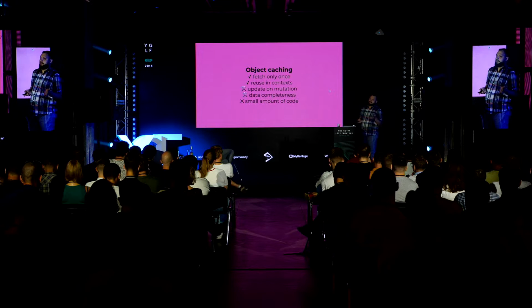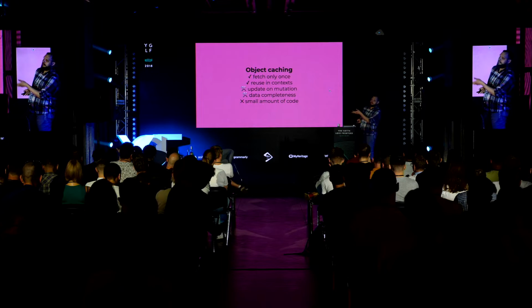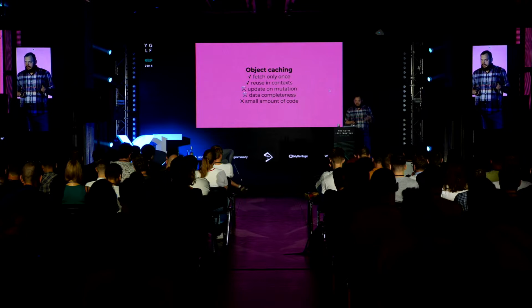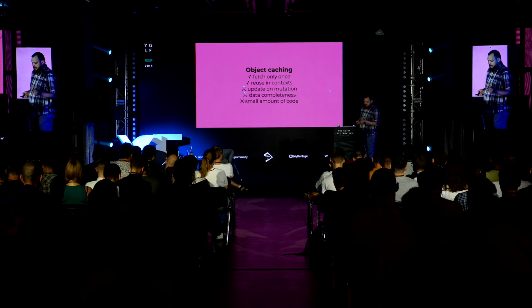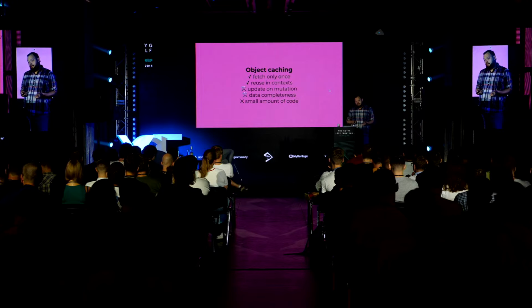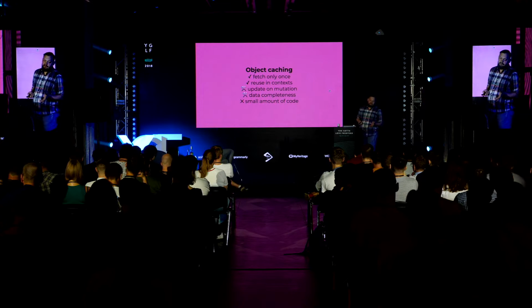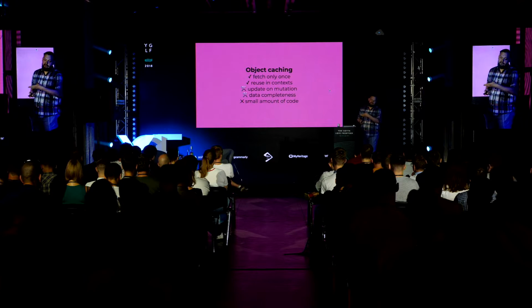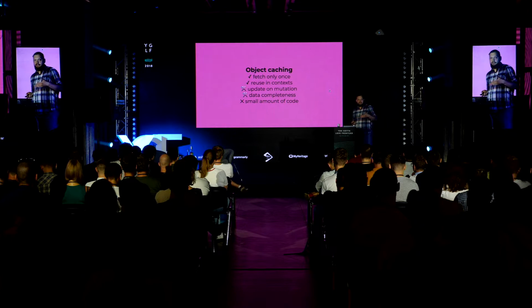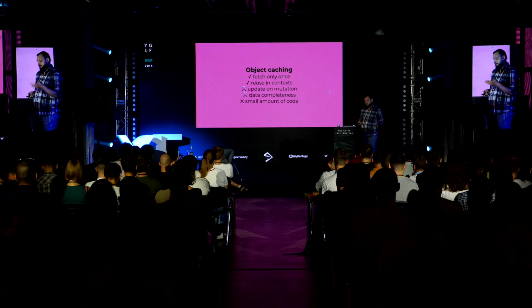But again, the list view can request a picture by ID, and the picture list request already populated the cache with pictures by ID. And you have to manually update stuff on mutations. Basically, your mutations might say, OK, I'm getting this object. I know it's a new version of the object I want to update, so I'm updating it. Or I know that this is a delete operation, so I'm going to delete it.